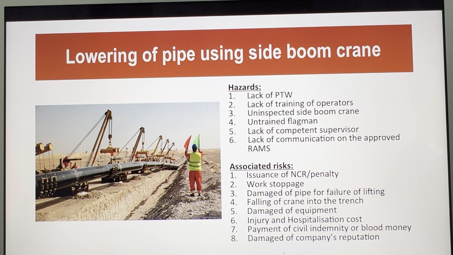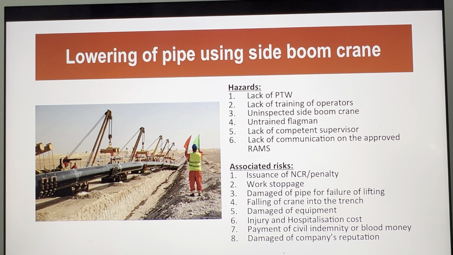When the flagman cannot give you the right signal, it will defeat the object of proper communication, and it will cause lack of coordination if the signal is not properly provided. Then lack of competent supervisor, lack of communication on the approved RAMs.